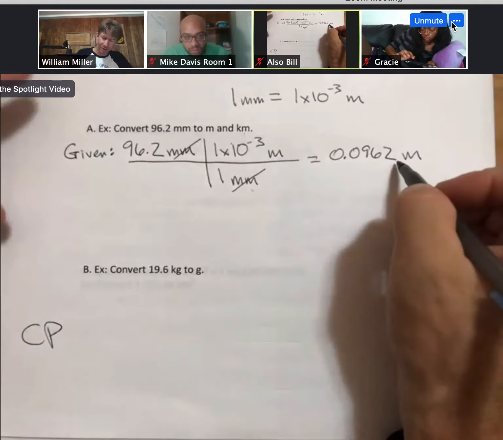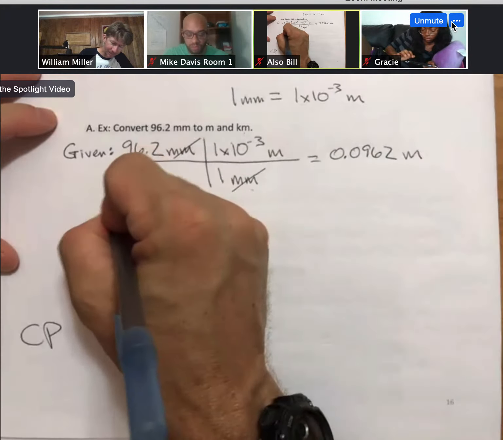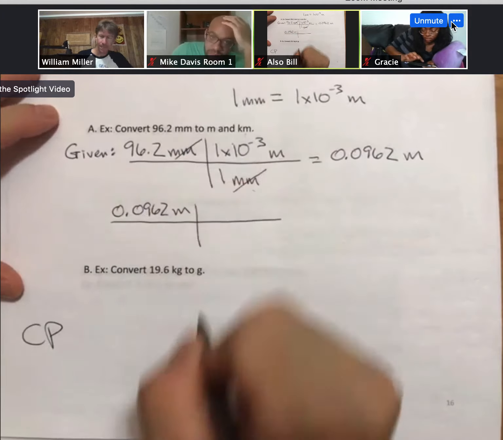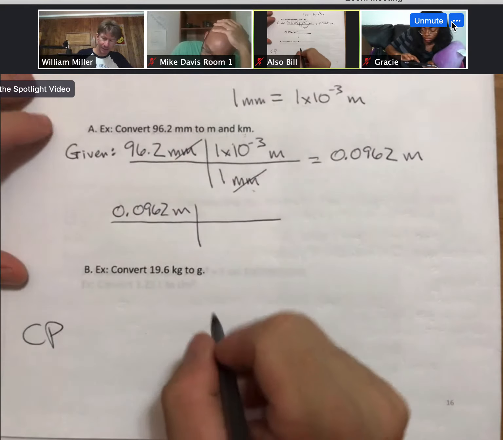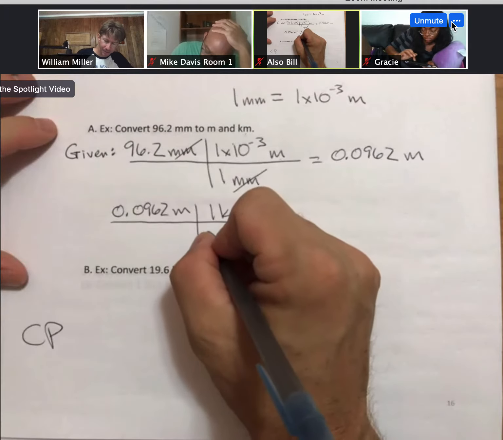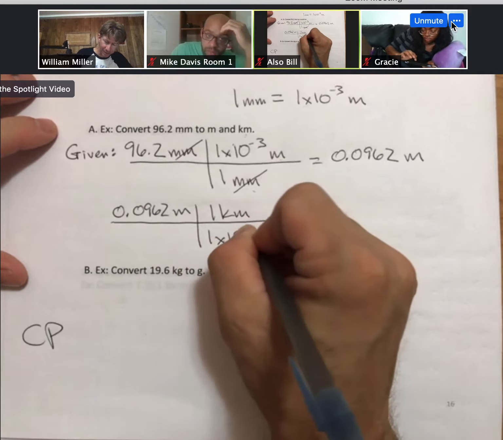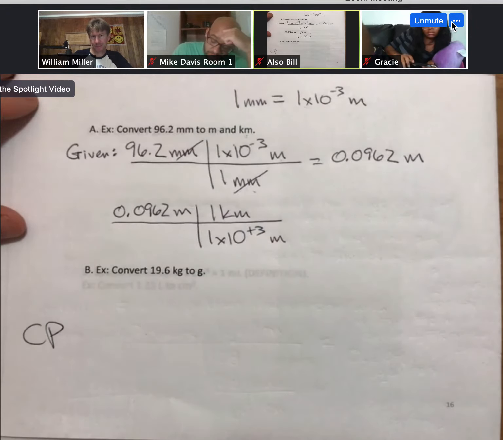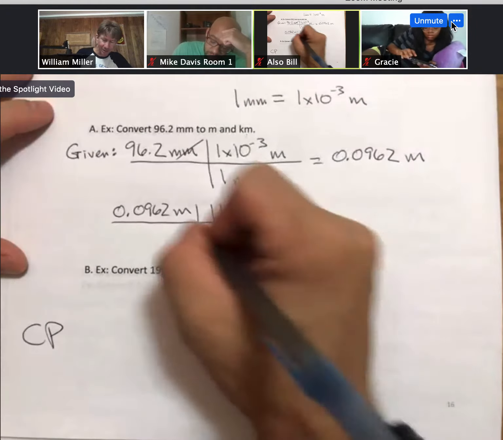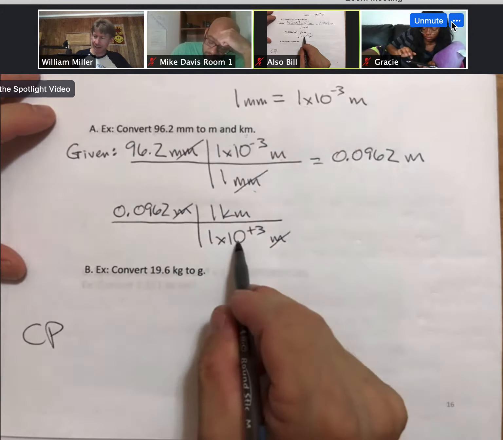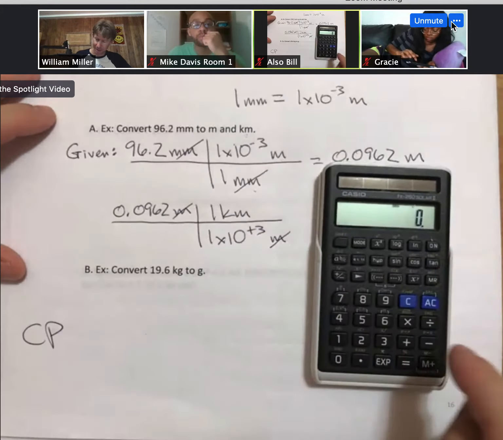I have meters, so I'm going to start with this now. And I have memorized that 1 kilometer equals 1 times 10 to the plus 3 meters. And again, I can cancel my units out. And this time, I've got to divide by 1 times 10 to the plus 3.